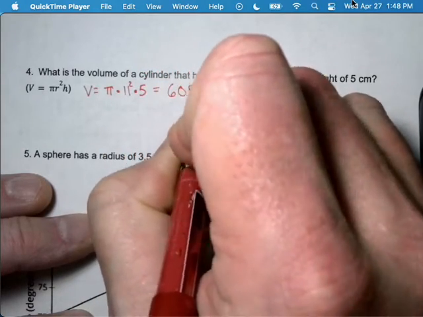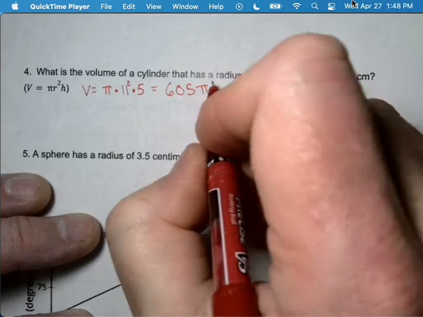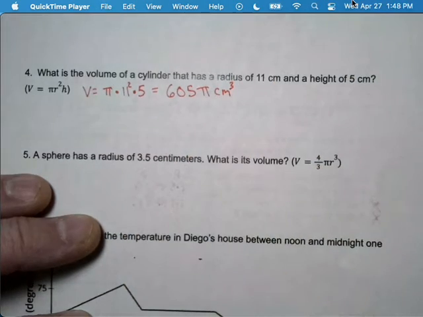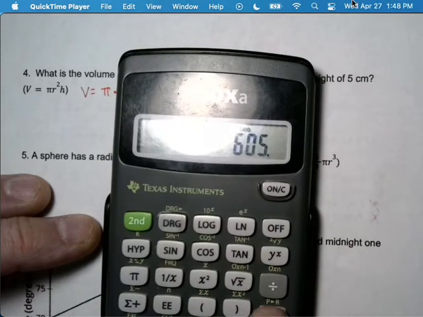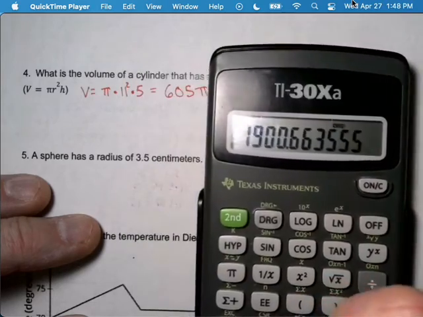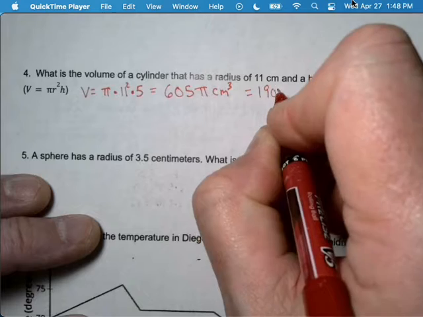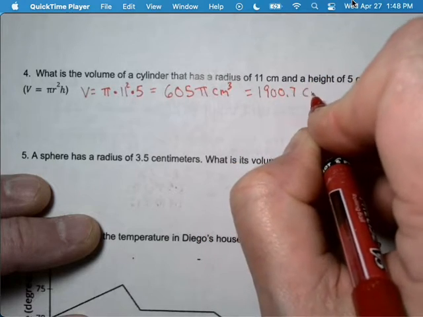So that would be 605 pi. Do not forget your labels, centimeters cubed. Or if you want to use the pi button, times pi equals 1900.7 centimeters cubed.